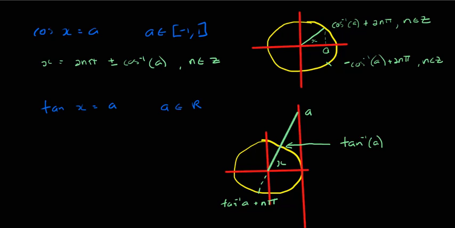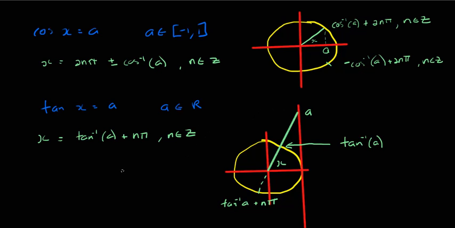So we can say x, the angle such that you take its tan, you get a, is inverse tan of a, but you go around pi, takes you to the opposite side of the circle, and you still, when you take the tan of that angle, you get a. Then if you add another multiple of pi, it takes you back to your first quadrant again. So don't forget, we've got to say n is an element of Z.